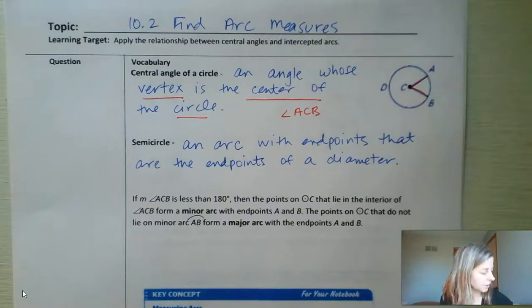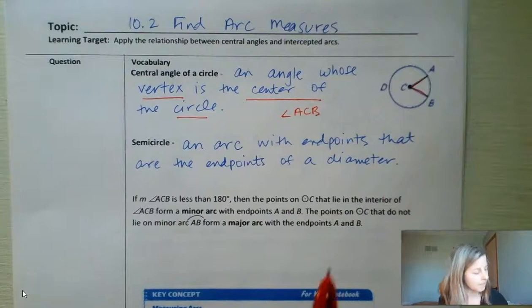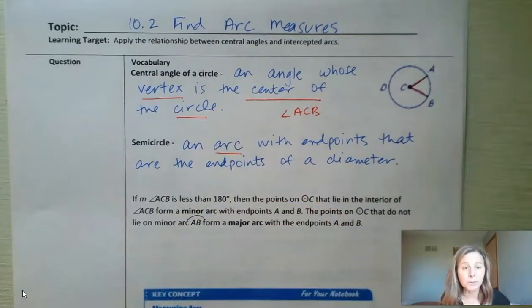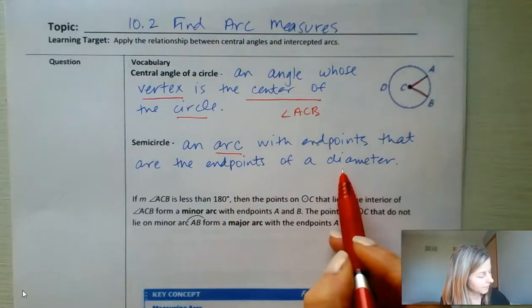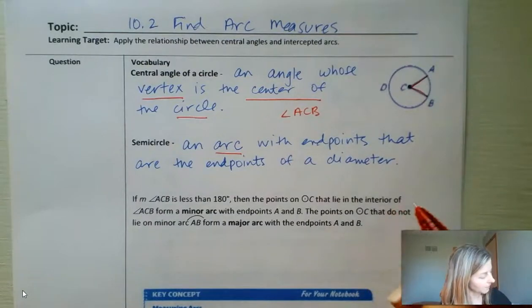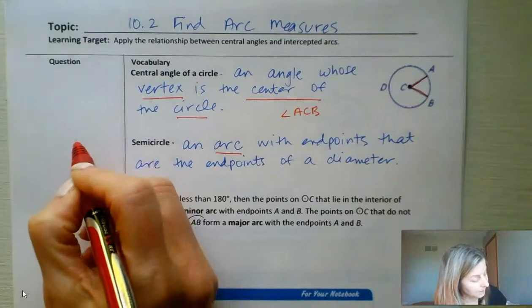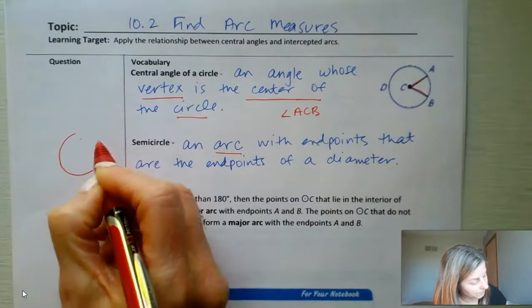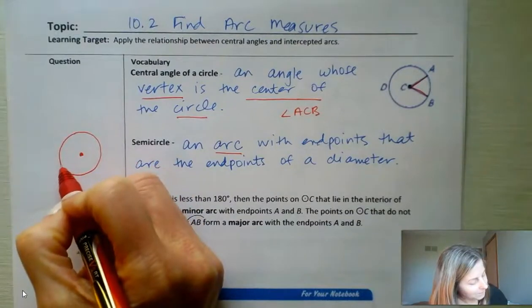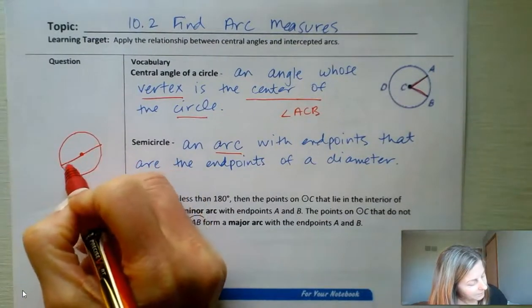The second definition is hopefully a review, as I think you've probably heard the word semicircle before. A semicircle is an arc with endpoints that are the endpoints of a diameter. So if I sketch another circle, and let's draw a diameter through it.